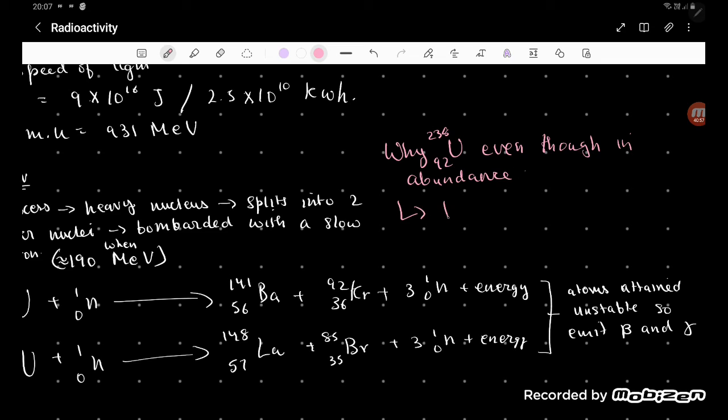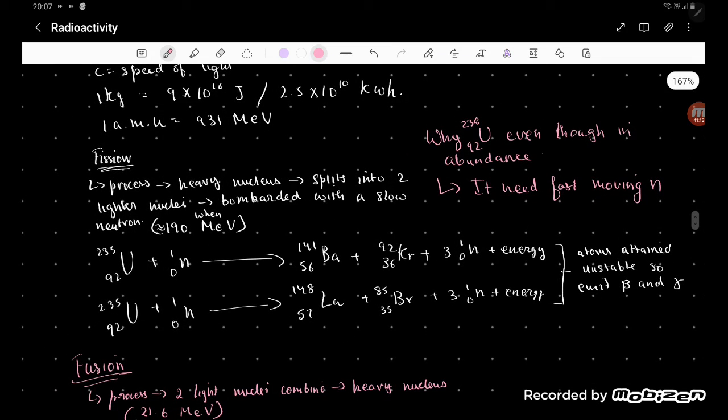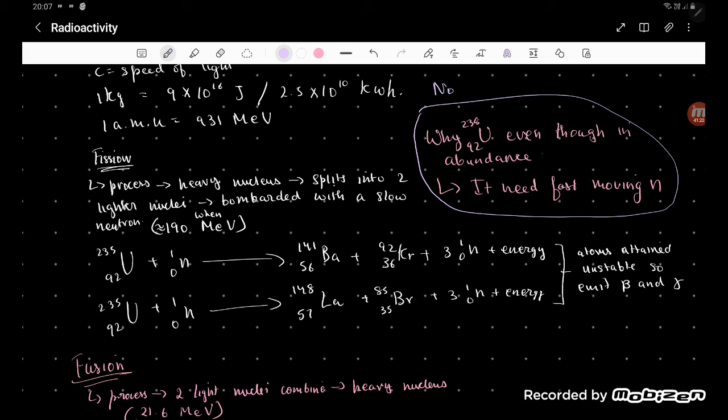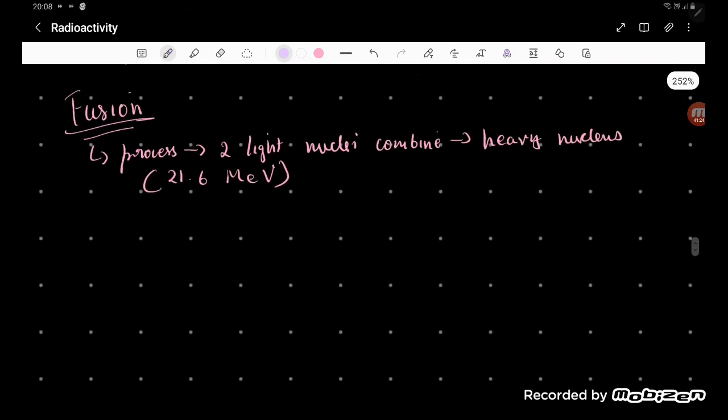It is because it needs a fast moving neutron. This is a note here. I forgot it earlier, so remember that.